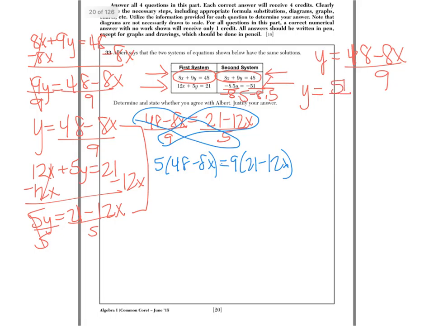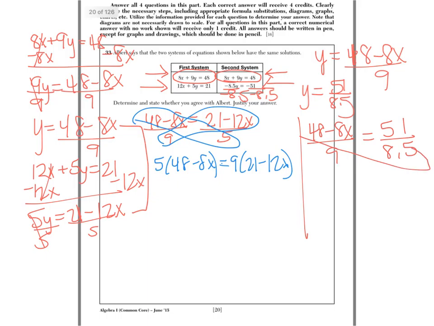So 51 over 8.5. And then you set these two, 48 minus 8x over 9, equal to each other if you don't do this graphically. And then you cross multiply these as well. So we get 8.5 times 48 minus 8x is equal to 9 times 51.